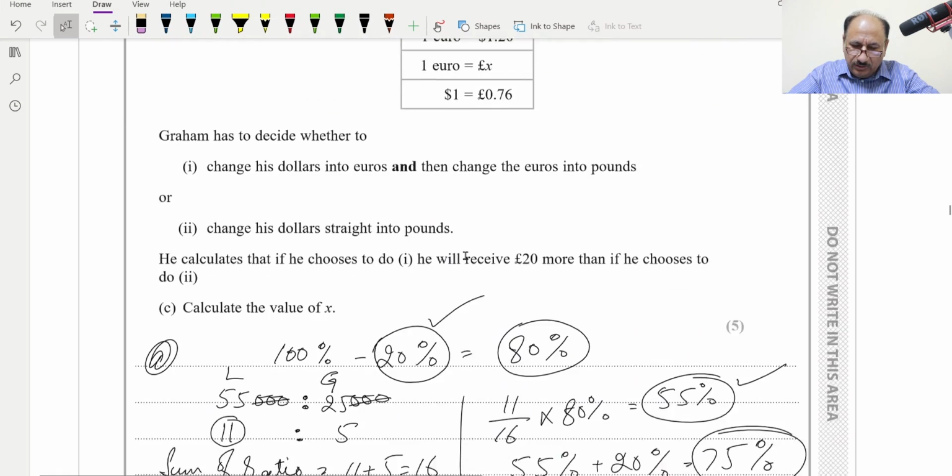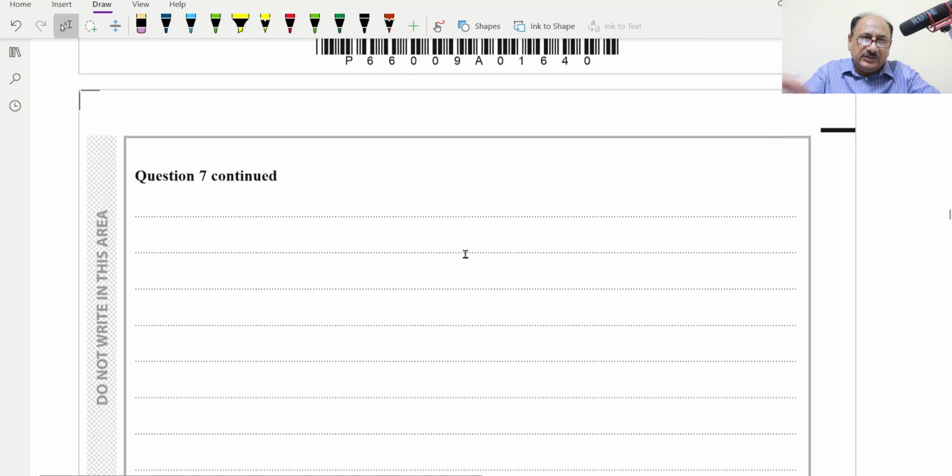So first we'll calculate Lillian's share. I may be mispronouncing the name.